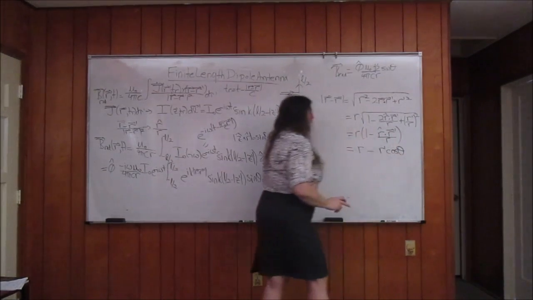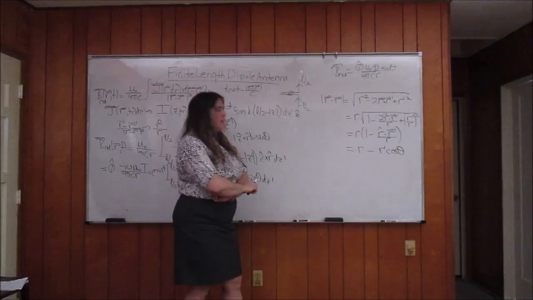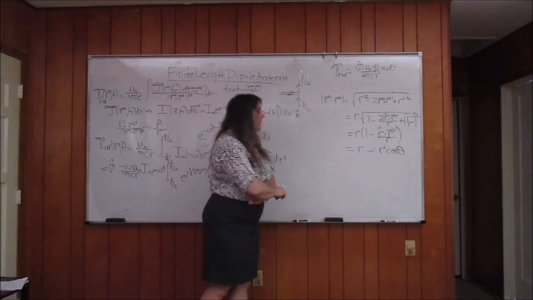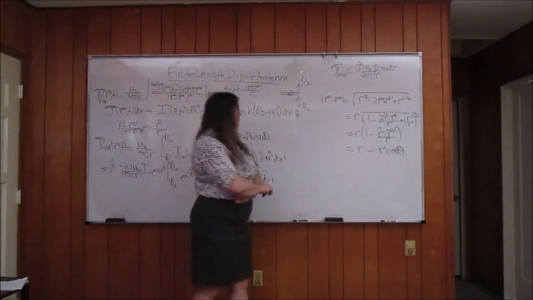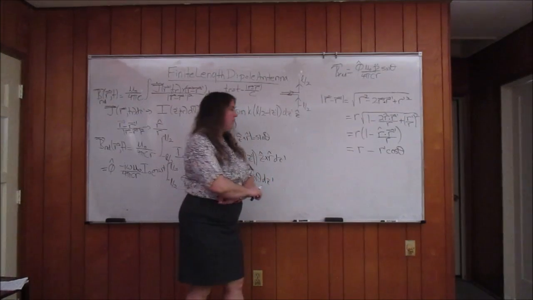When I take the dot product of r prime with our unit vector, that's just going to give me a cosine theta because, again, we are integrating along the z-axis.